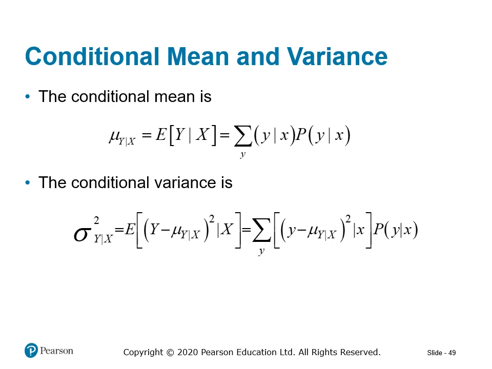The conditional variance is the expected value of all the y's minus the conditional mean of y given x, all given x. So that's a summation of my little y's minus the mean of y given x, all given x, times the probability of y given x. And that's the variance.